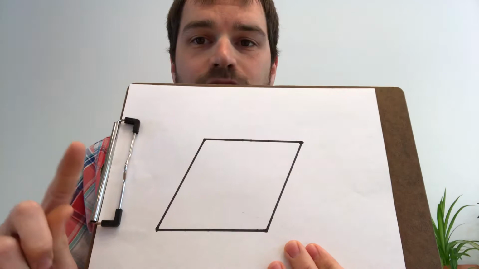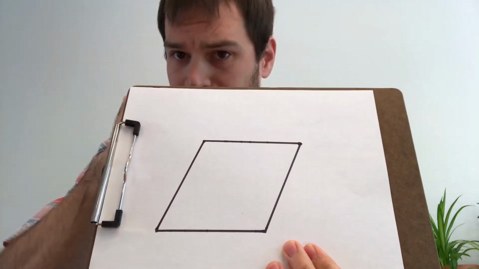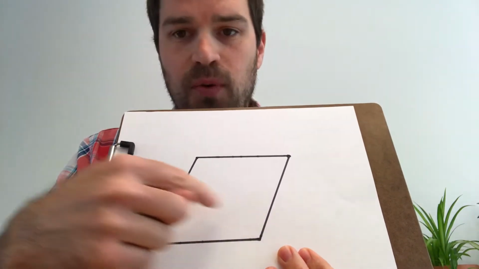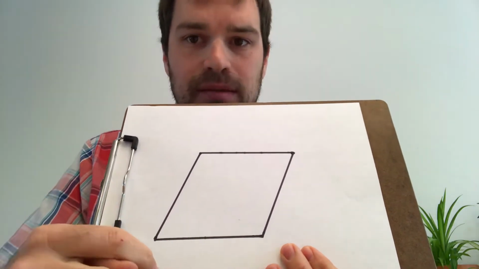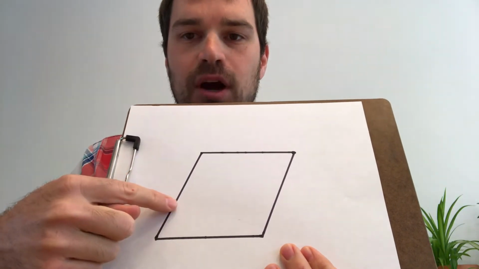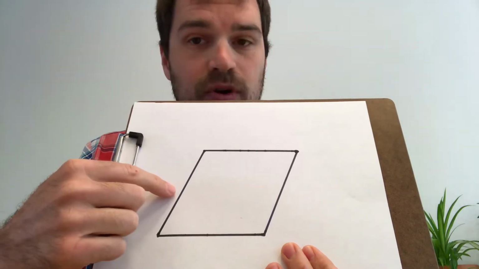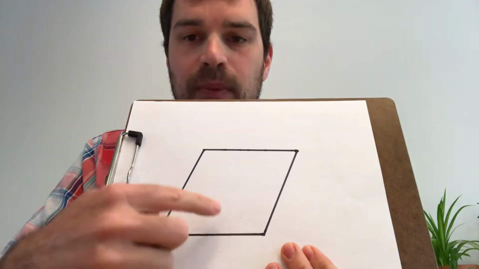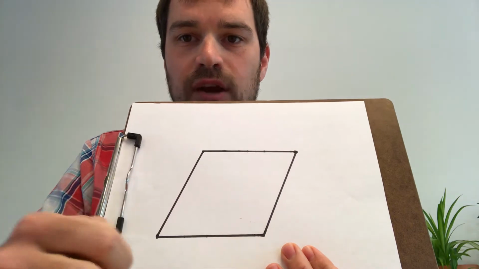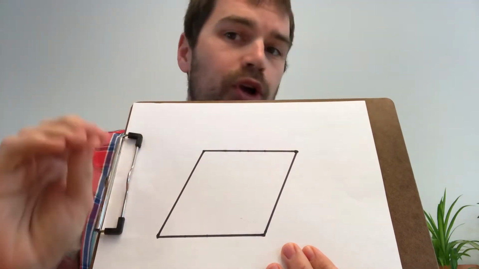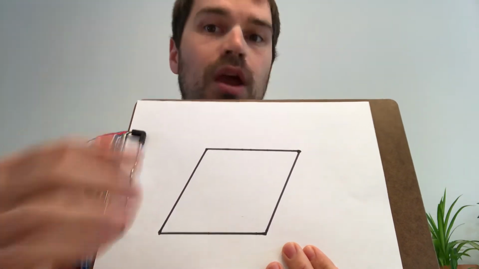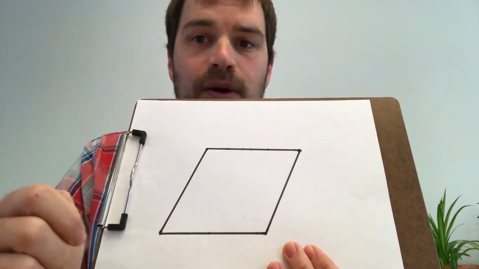I know that because I drew it, and because all four sides are the same length and the opposite sides are parallel. If continued up or down, left or right, they would never cross. This side and this side are parallel, and this side and this side are parallel to each other. They're all the same length, and they have opposite sides that are parallel. Therefore, it is a rhombus.